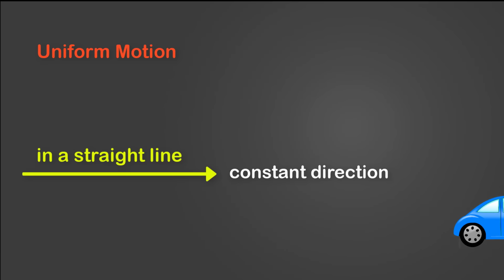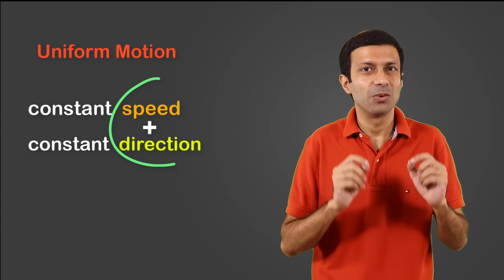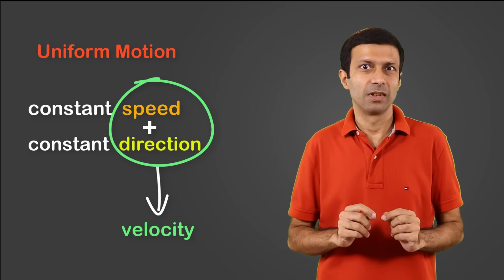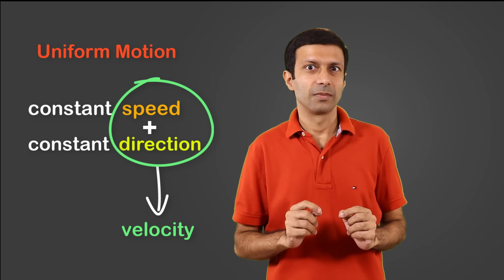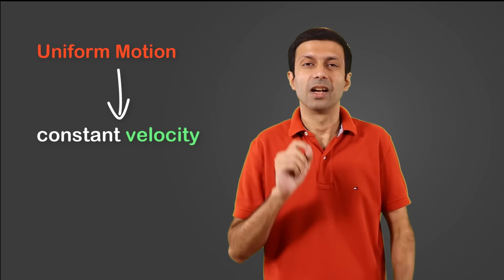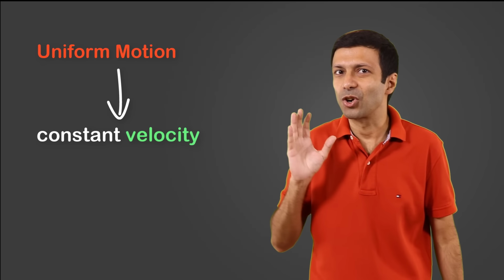So here we have constant speed and constant direction. And we know that velocity is speed with direction. So the car is basically moving at a constant velocity. And so uniform motion means a body is traveling at a constant velocity.